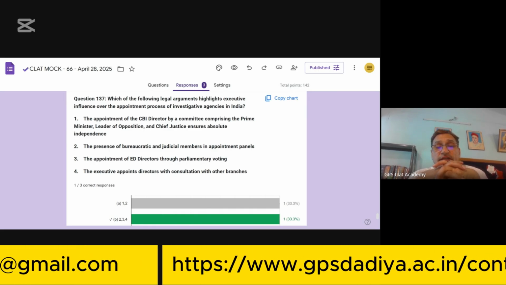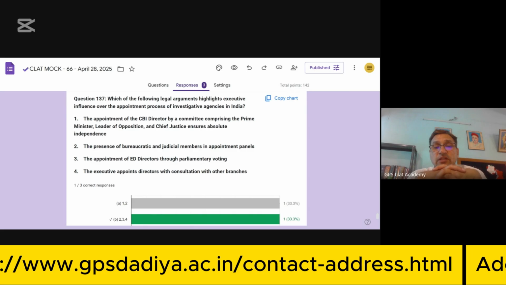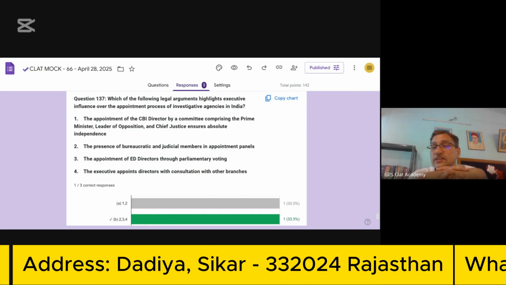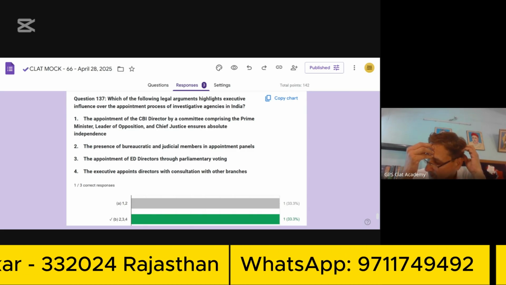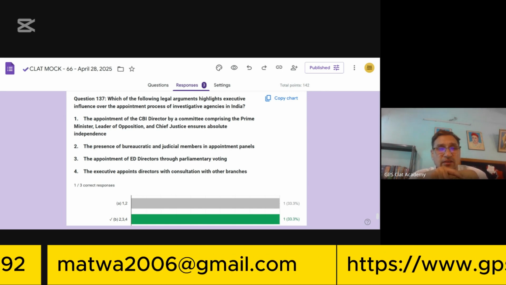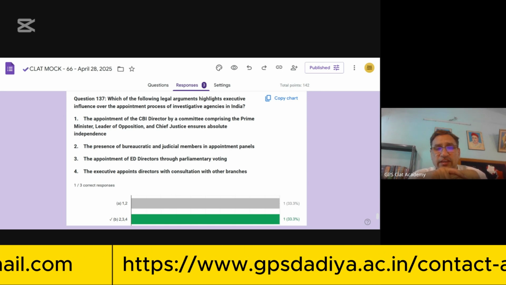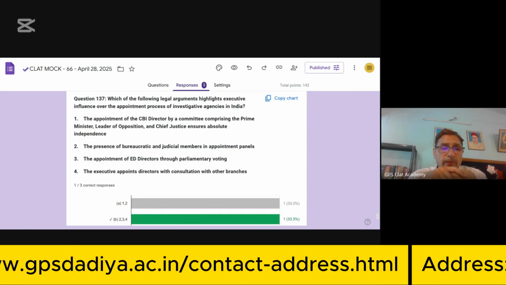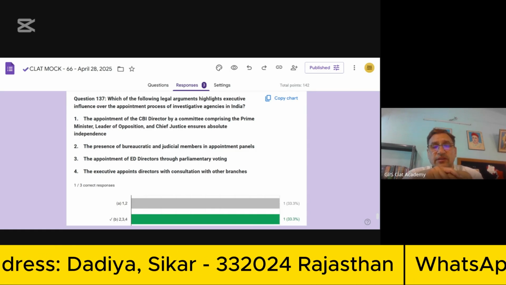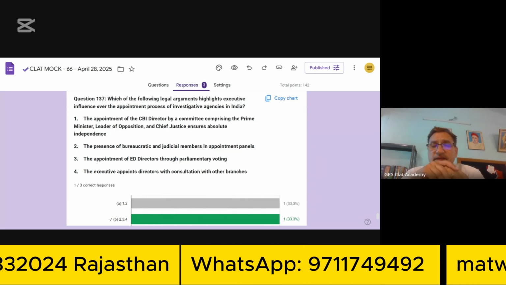Presence of bureaucratic and judicial members in appointment panels. The moment bureaucratic elements are there, then the hierarchy is there. So they will be subsumed in the system. They will not be independent. Then appointment of ED directors through parliamentary voting. Now, if parliamentary voting is there, parliamentary voting is on party lines, right?